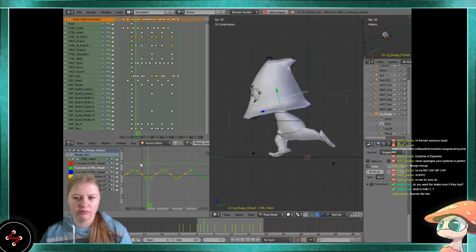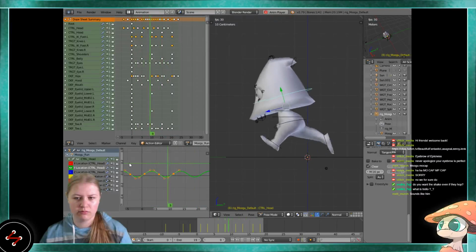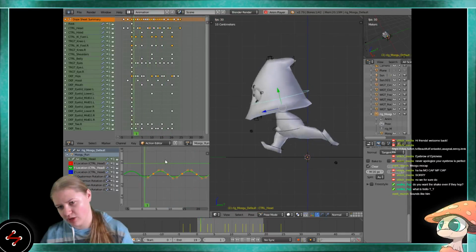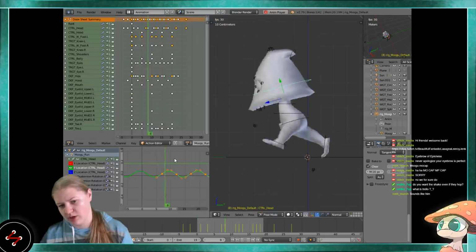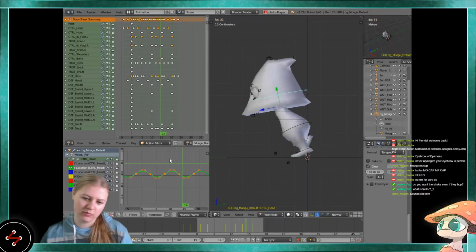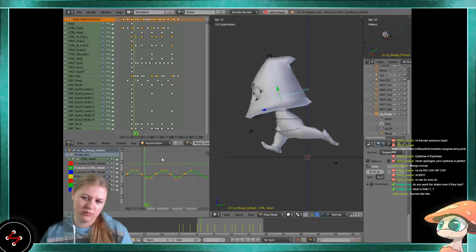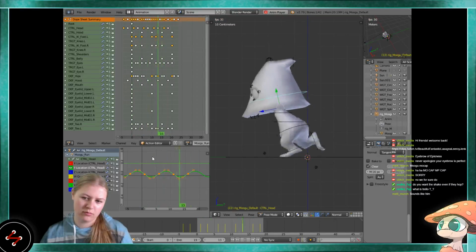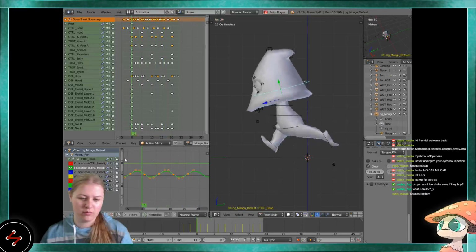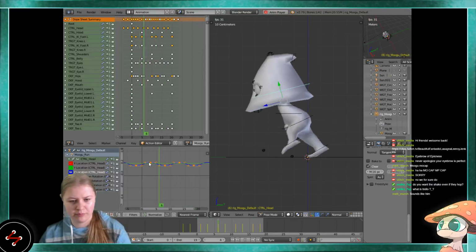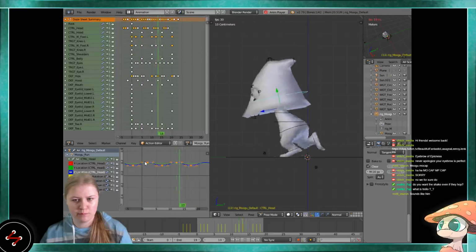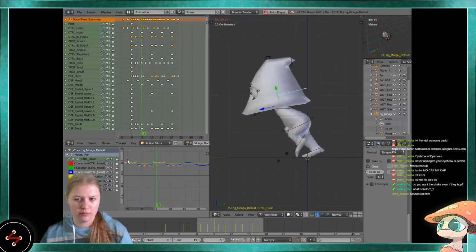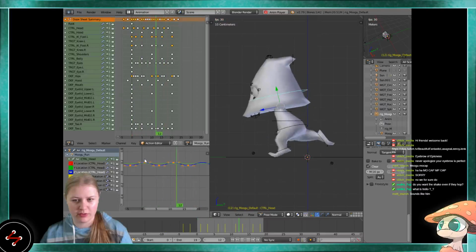Not like that. I don't want it to look like it's a rubber ball bouncing on an elastic band or something. That looks like it's running backwards. Now it looks like it's going backwards. That's funny.